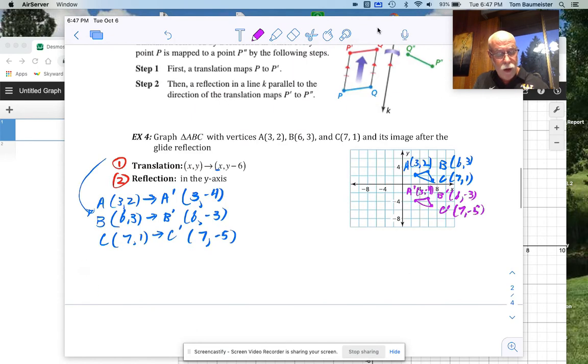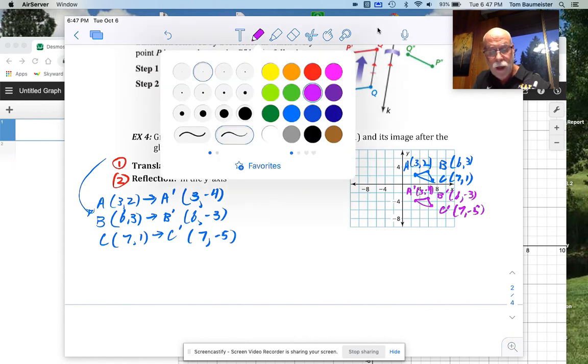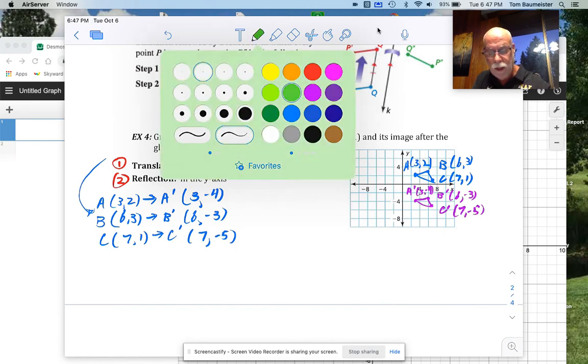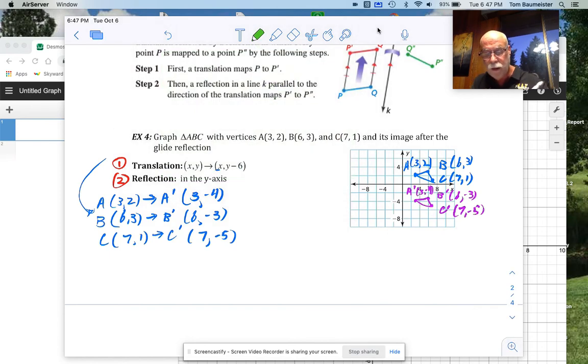And then the second one is going to tell us to do a reflection in the y-axis. So again, just go ahead and count like I showed you earlier. I'll use the green still, or a different color. So if I go 1, 3, there's my A prime.